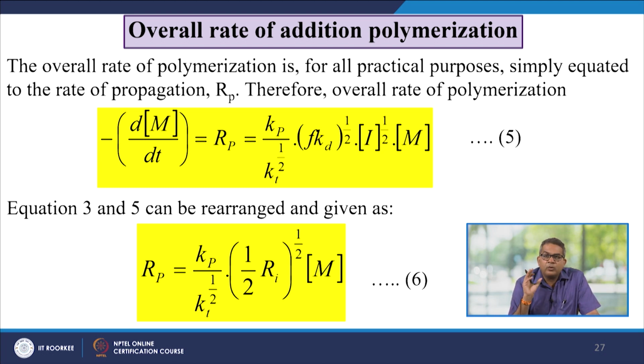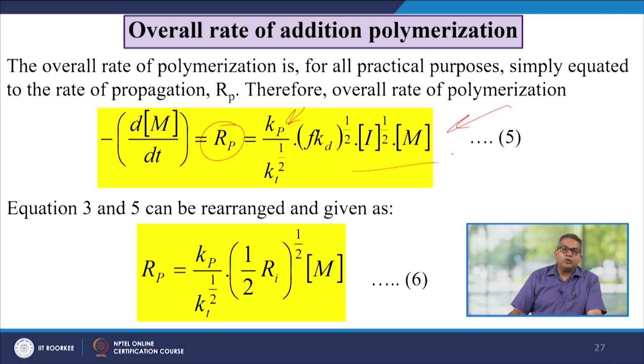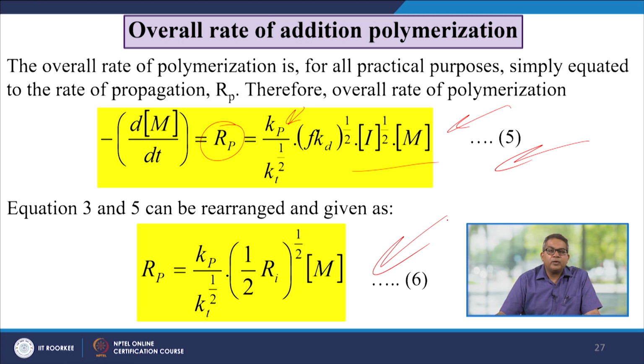Therefore, the overall rate of polymerization can be given as -d[M]/dt = Rp = kp / kt^(1/2) × (f kd)^(1/2) × [I]^(1/2) × [M]. If we club equation 3 and this equation, it can be represented as Rp = kp / kt^(1/2) × (f kd / 2)^(1/2) × [I]^(1/2) × [M].